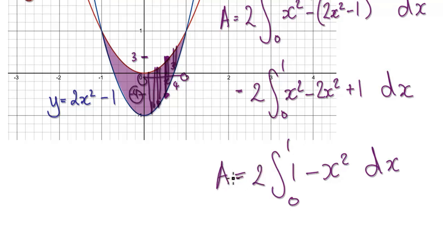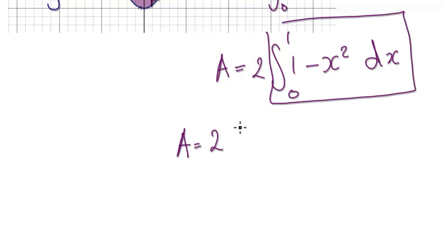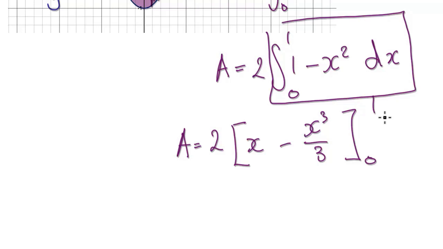And then now integrate it. So area equals, leave the 2 here and just concentrate on evaluating this. When you integrate this, it would be x, and when you integrate this, it would be x to the power 3 over 3, from 0 to 1. Remember, you have to evaluate this thing first.